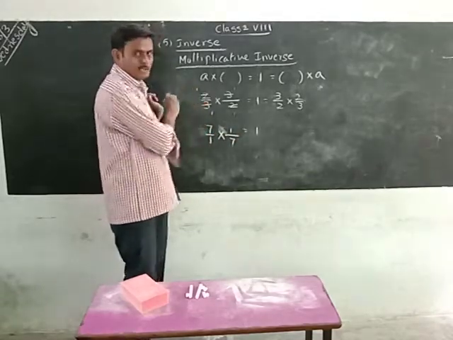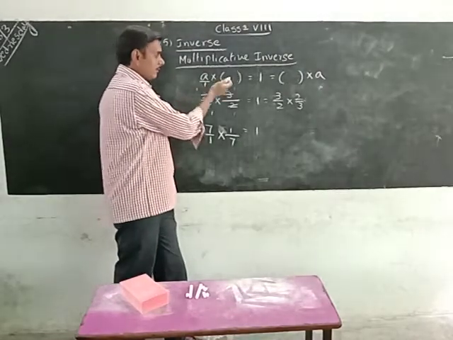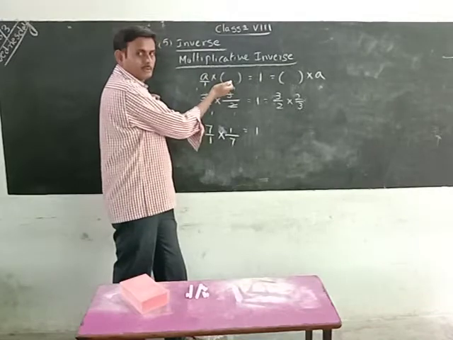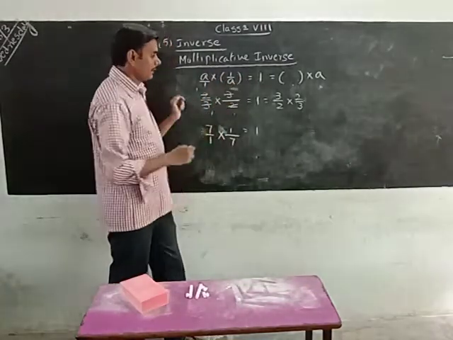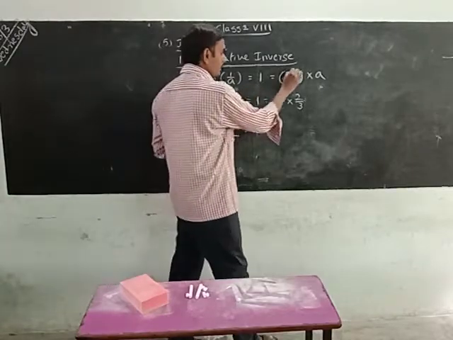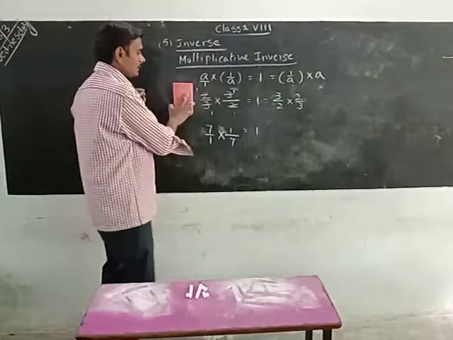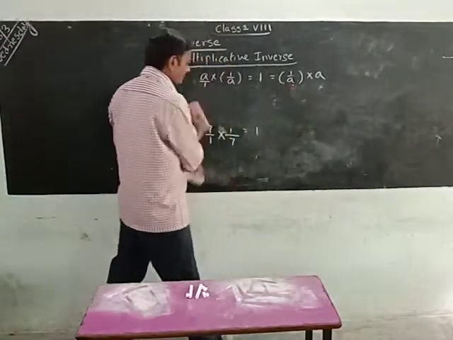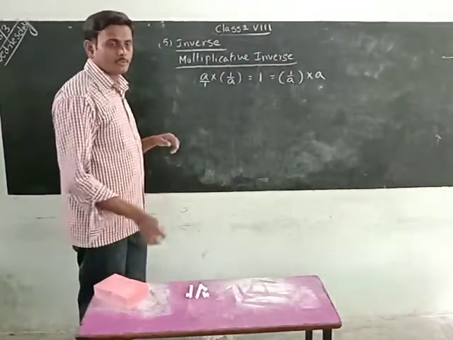That means if we take a, the denominator is 1. What is the multiplied number? 1 by a. If you multiply 1 by a with a also, we will get 1. These two numbers are called multiplicative inverses of each other.